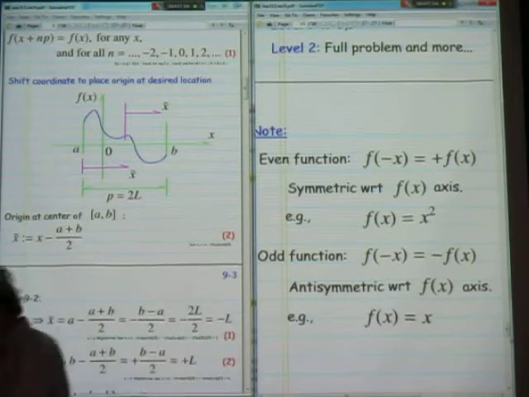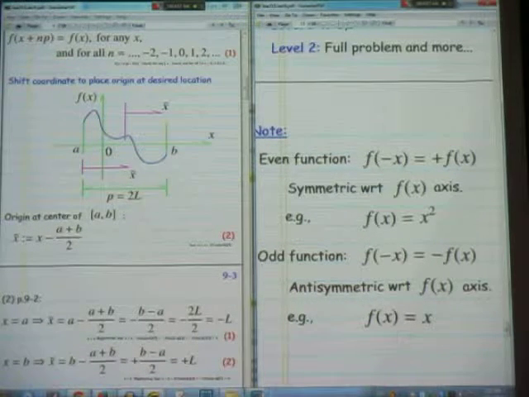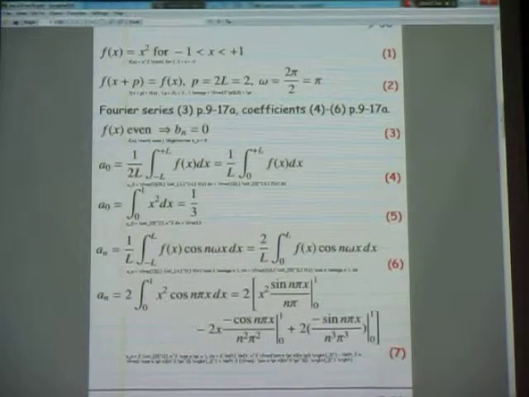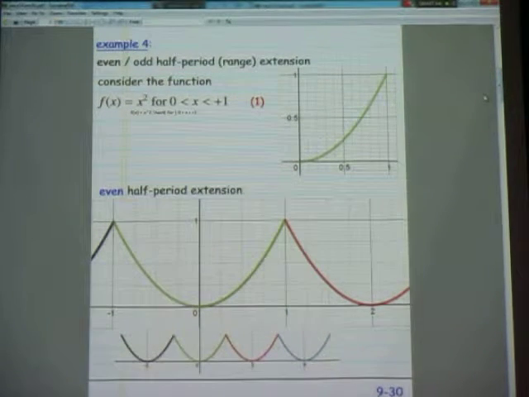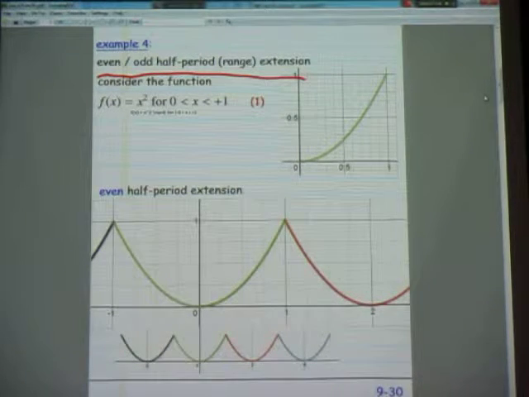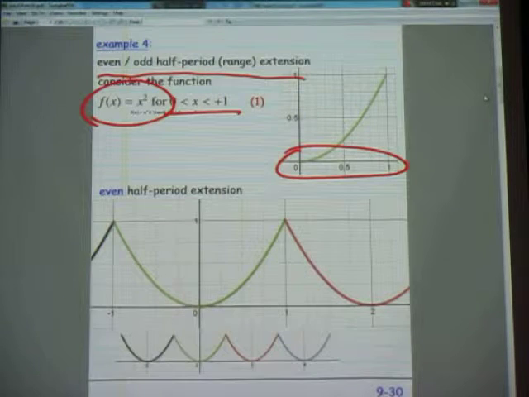A picture is worth 1,000 words, so let me bring you now quickly to section 9C. You can see keywords like even or odd, half period or half range extension. Here I take an example of a parabola defined only on the interval from 0 to 1.